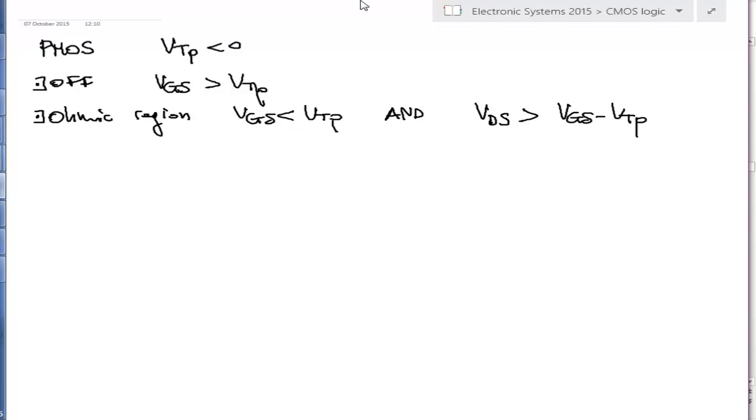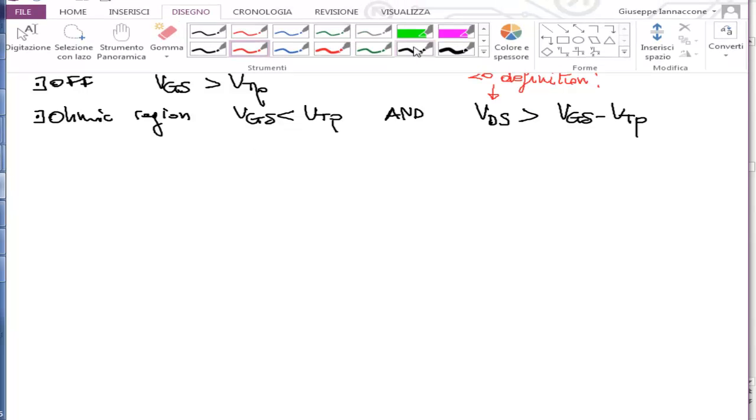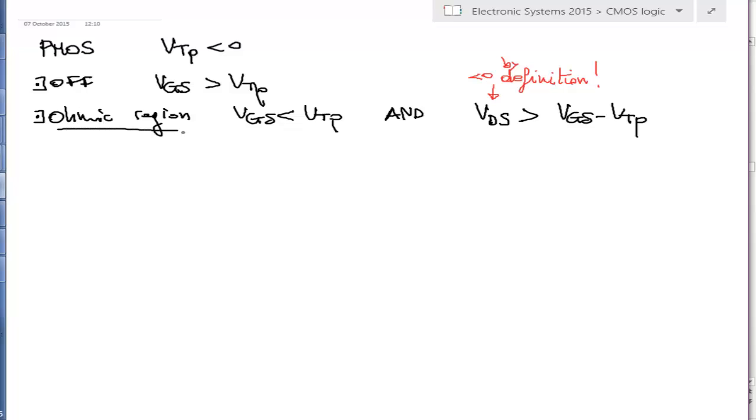Just let me add a note here. So in this case, we are in the ohmic region, I already wrote, and then we have something like this.